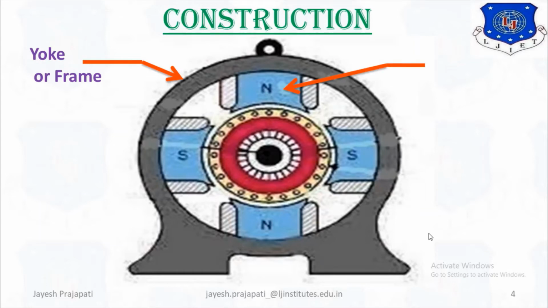Now the second most important part is the field pole. You can see in the figure there are 2 N poles and 2 S poles, that means it has 4 poles, so it is called a 4 pole DC machine. Then a pole is an electromagnet.